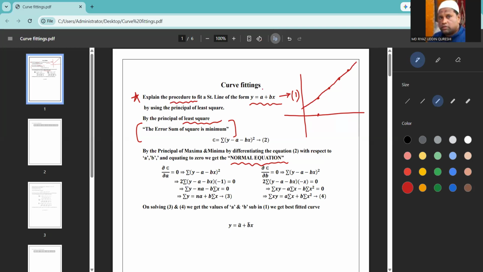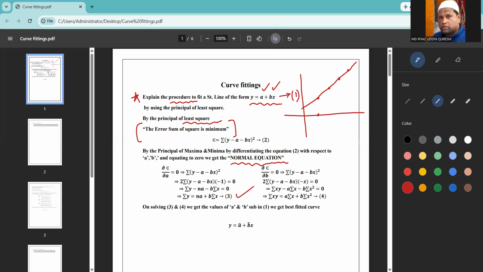We have two variables here, a and b. By the principle of maxima and minima, because we have two variables, we have to differentiate partially and equate to 0. We get the normal equations.